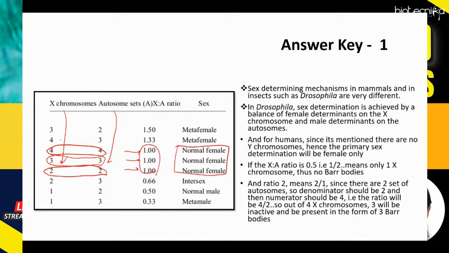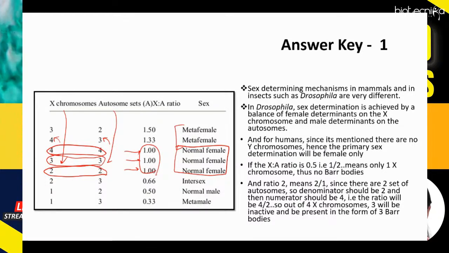Then we have the meta female. Here the X chromosomes will be more and the autosomes will be less. So 4 by 3 or 3 by 2. In that case, you will have the ratio higher than 1, so either 1.33 or 1.5. That means there will be more female-like characteristics.